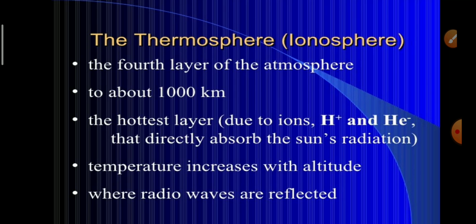This thermosphere is the hottest layer due to ions that directly absorb the sun radiations, and temperature increases with altitude, and in this layer radio waves are reflected. This layer reflects lower frequency of radio waves back to earth, and thus it helps in long distance communication.